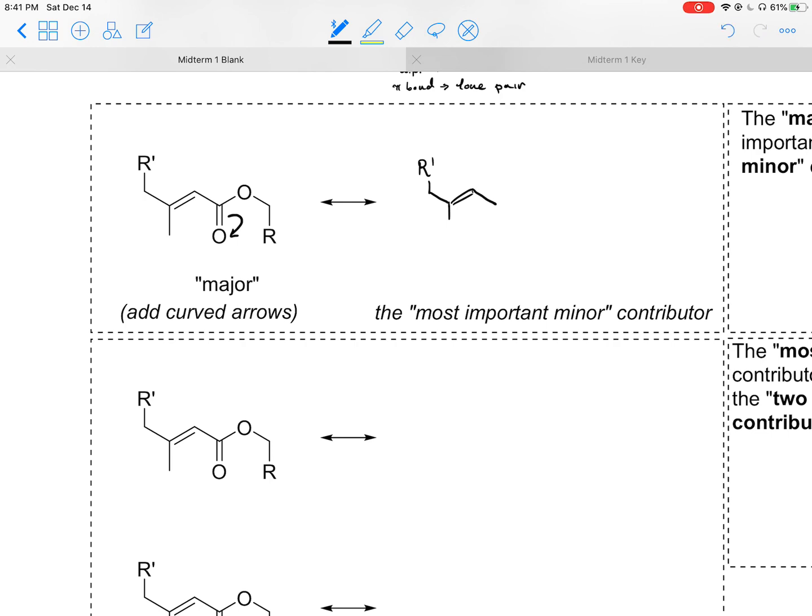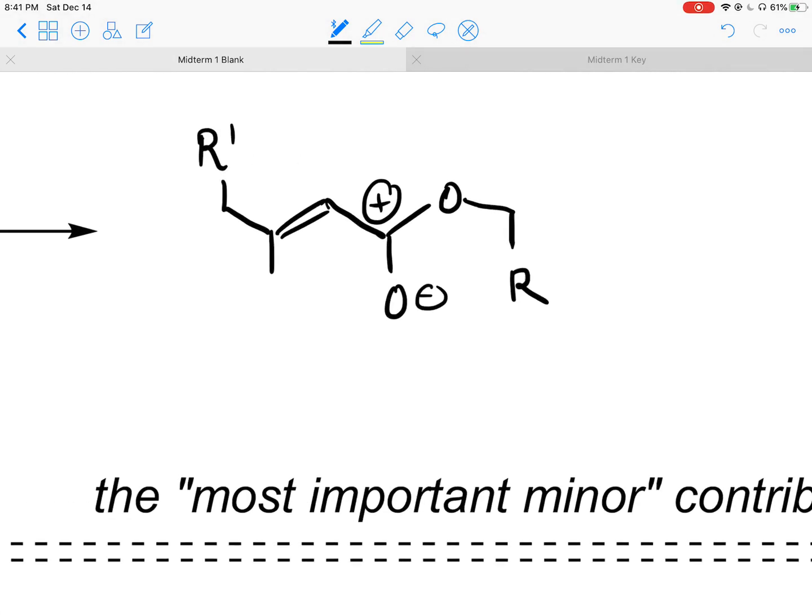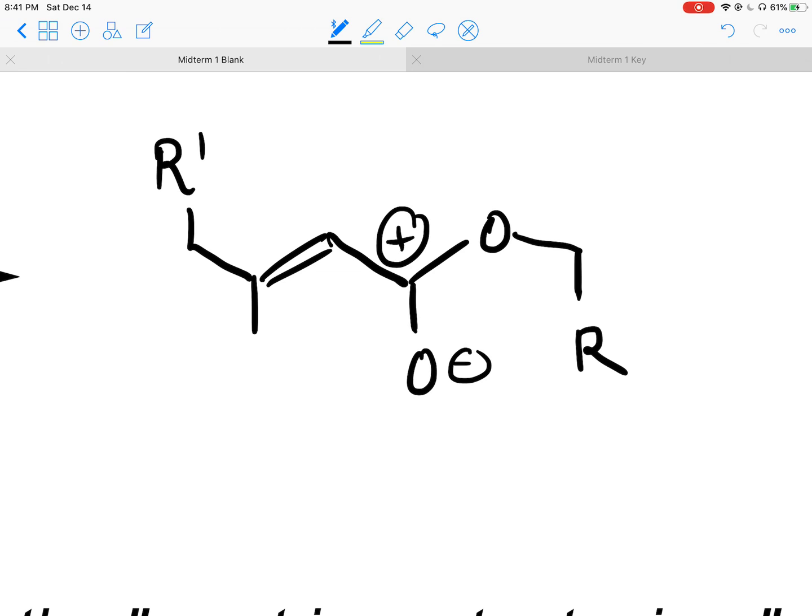A plus charge on this carbon, and oxygen with negative, and this oxygen, and then R. And then there's going to be a positive here. But, okay, so we see that there's a positive on this carbocation.